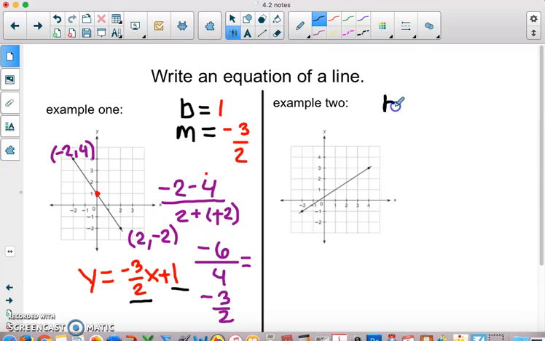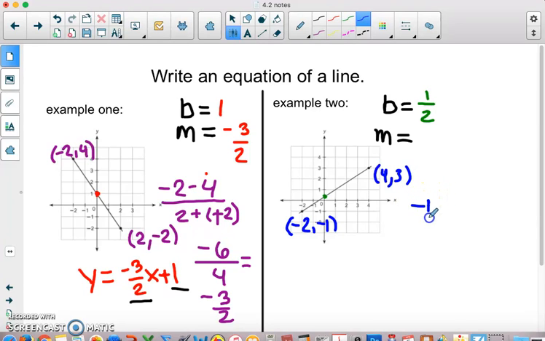Example 2, we'll find first the y-intercept here, which is 1/2. And then we want to find the slope. So first we'll name our points. We have -2, -1, and 4, 3.